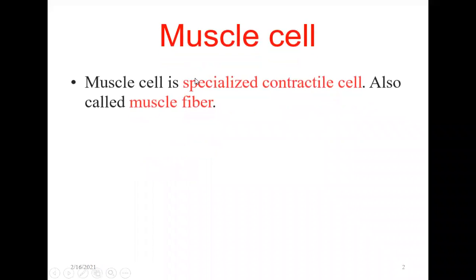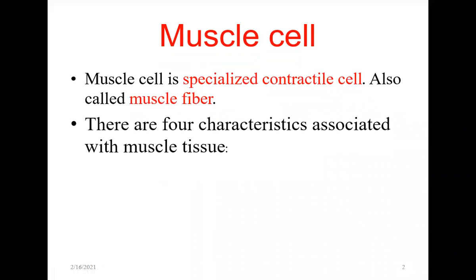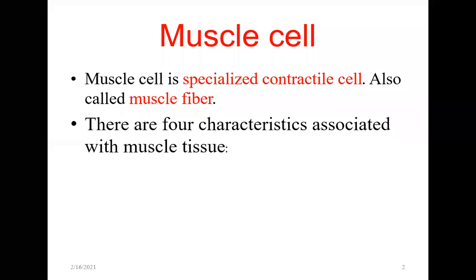Okay, so we'll try to understand what exactly is the muscular system. To follow that, we have to understand what is meant by muscle or muscle cell. Muscle cell is a specialized contractile tissue cell. It is a specialized type of cell which is contractile in nature, and it is usually called the muscle fiber.